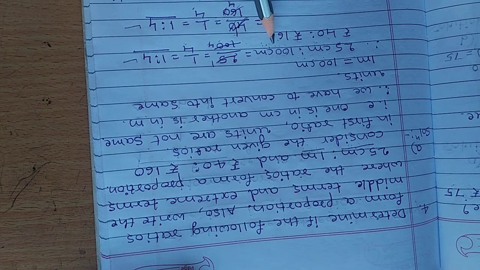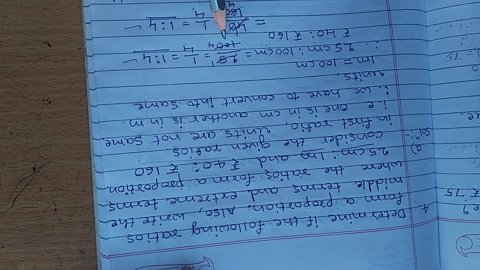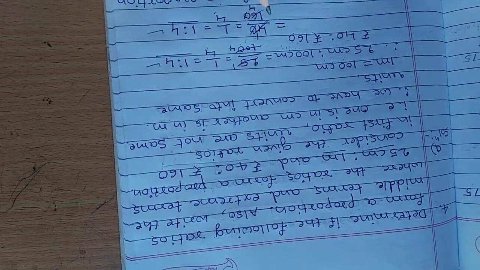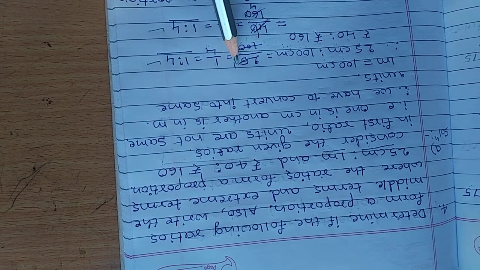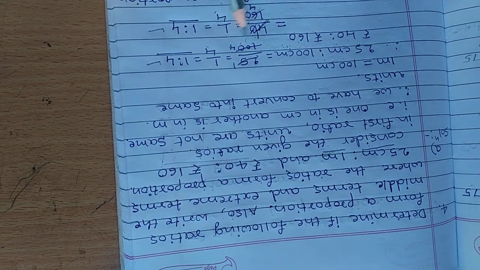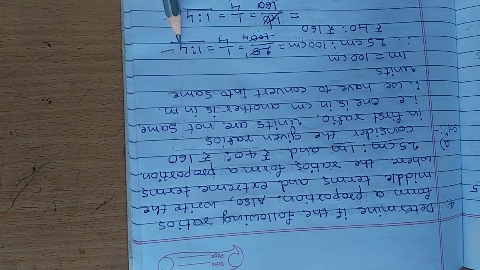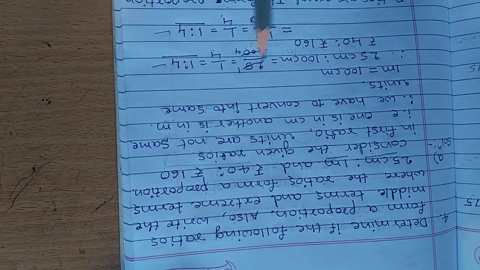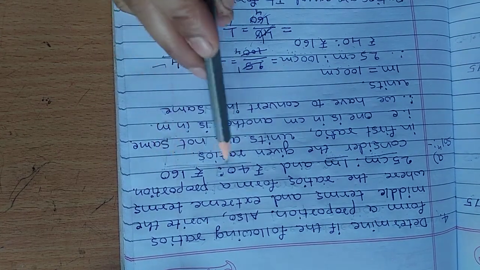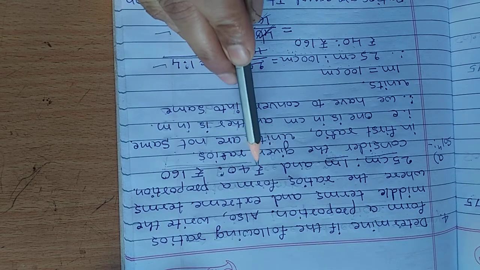Now both are in the same unit, we can compare. 25 divided by 100. 25 ones are 25, 25 fours are 100. That is equal to 1 divided by 4, 1:4 is the ratio form. Now consider the second ratio, that is the third and fourth term.